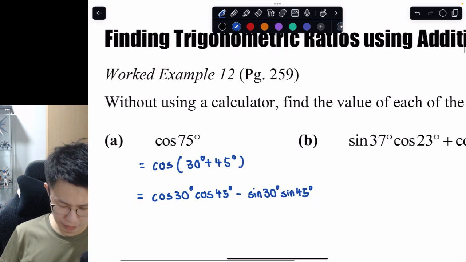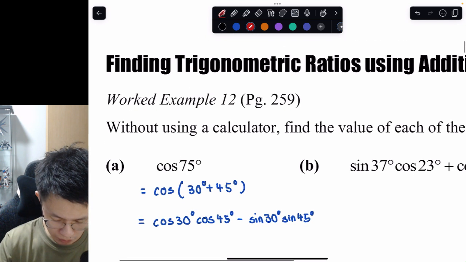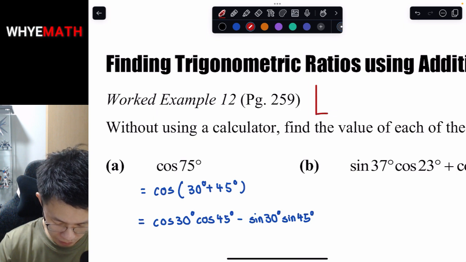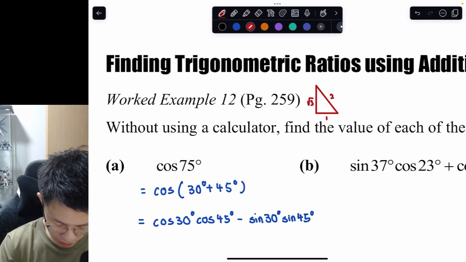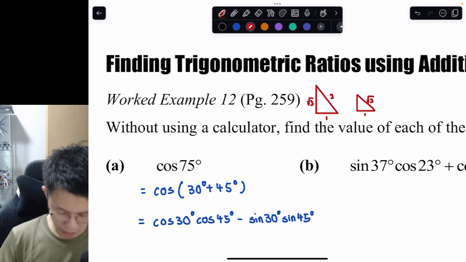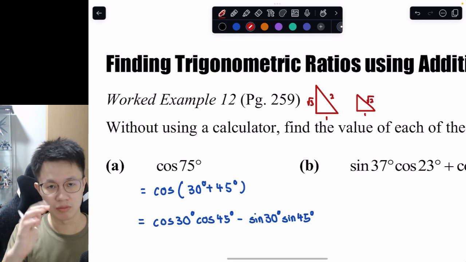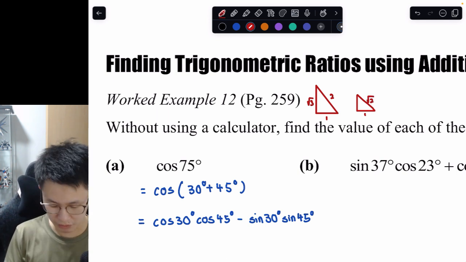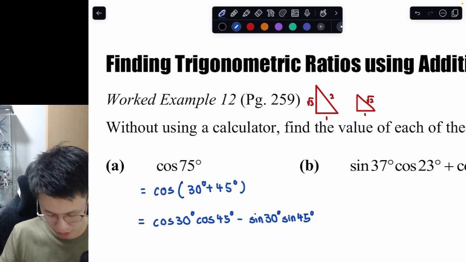Now from here, you may be wondering what you're going to do. So you need to remember your basic ratios. So we have 1, 2, square root 3. And we have the other one here, which is 1 and square root 2. I've never really memorized my basic angles. I've always relied on the triangles. Not the best, but it works.